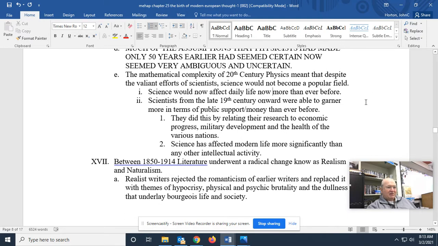Scientists from the late 19th century onward were able to garner more public support and money than ever before. Why? Because governments real fast were finding out that science means money and science means military power. As it says, they did this by relating their research to economic progress, military development, and yes, the health of various nations.